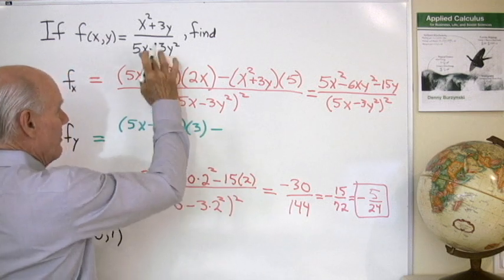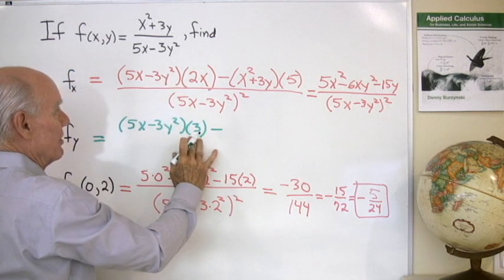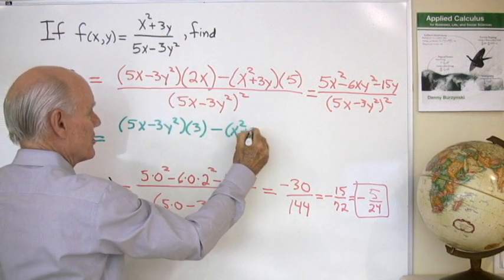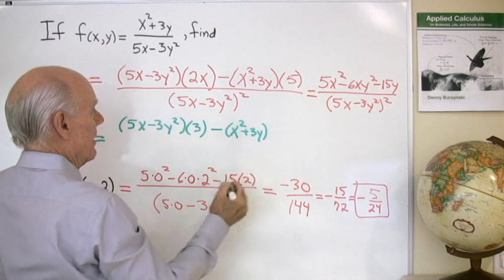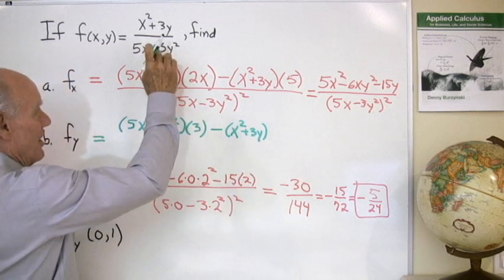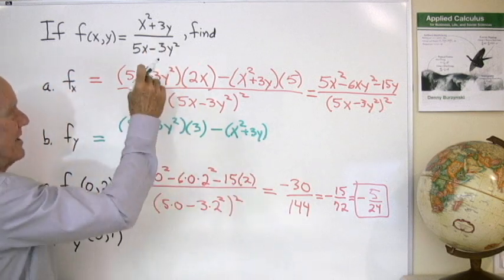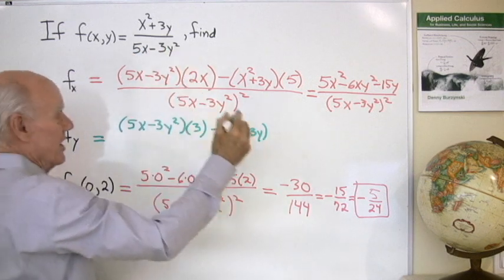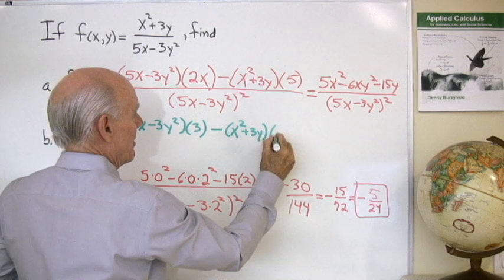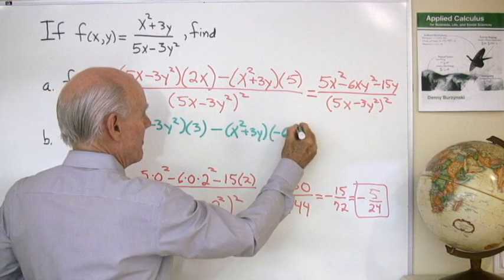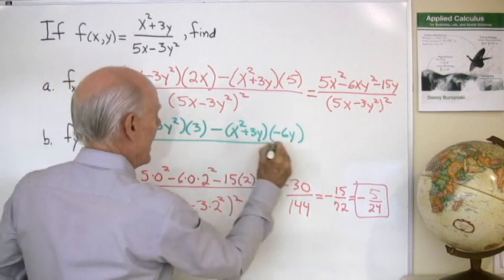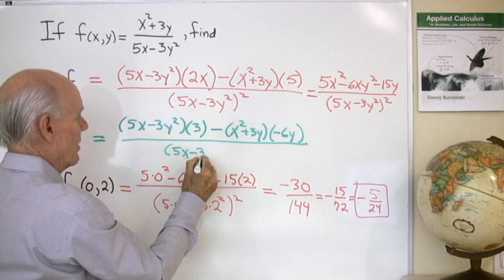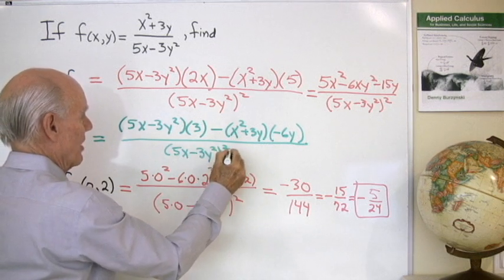Minus, that was the denominator times the derivative of the numerator. Now the numerator, x squared plus 3y, times the derivative of the denominator with respect to y. That's going to be 0 minus 3y squared, and when I differentiate that, I get minus 6y. And all of that is over 5x minus 3y squared, squared.